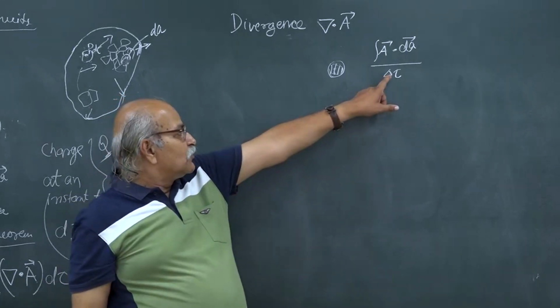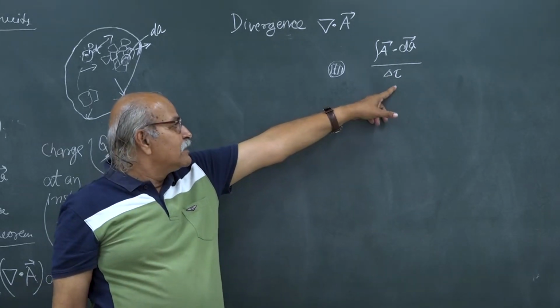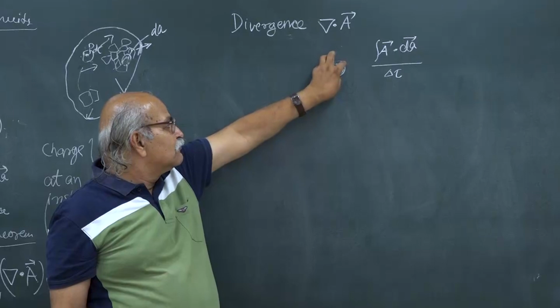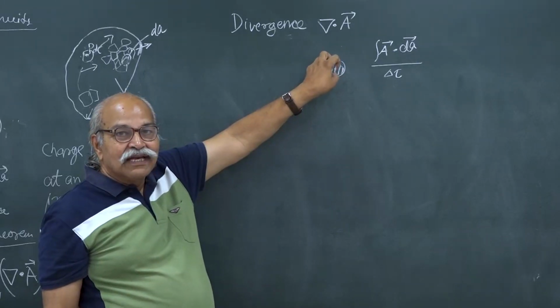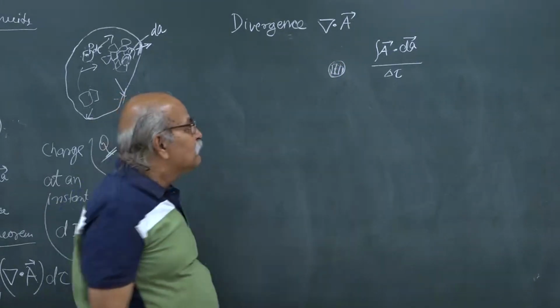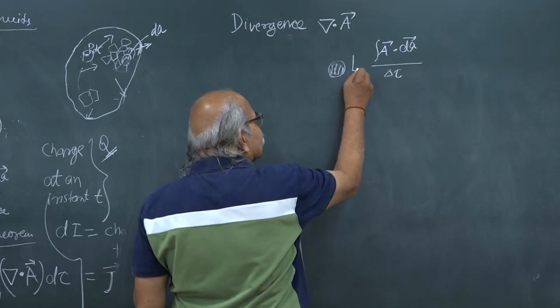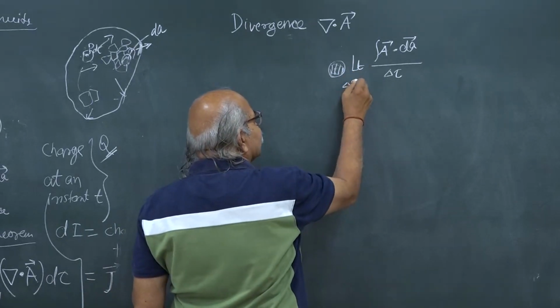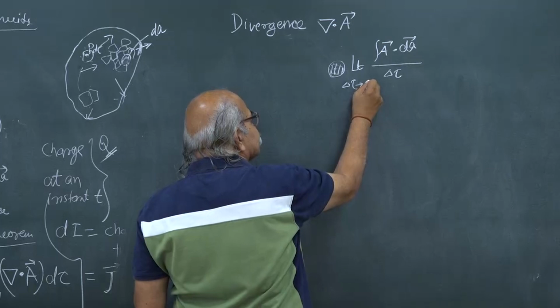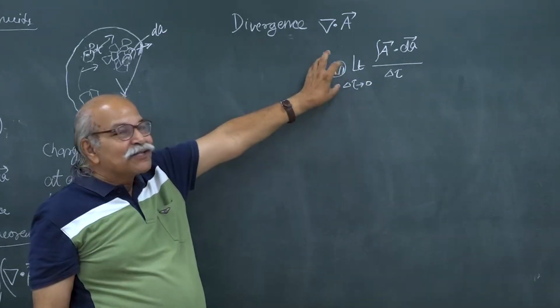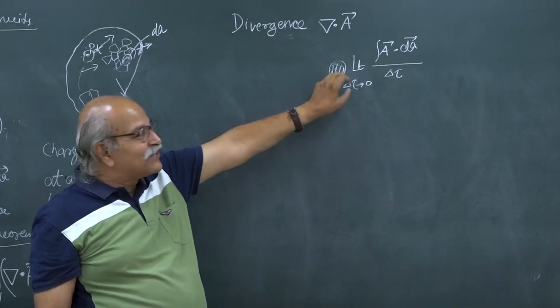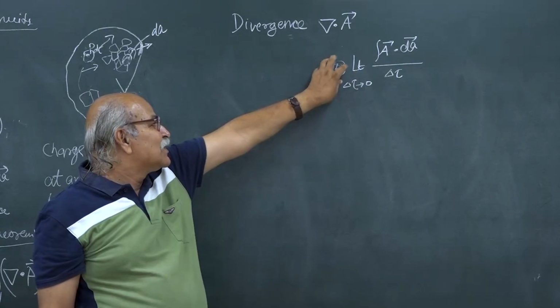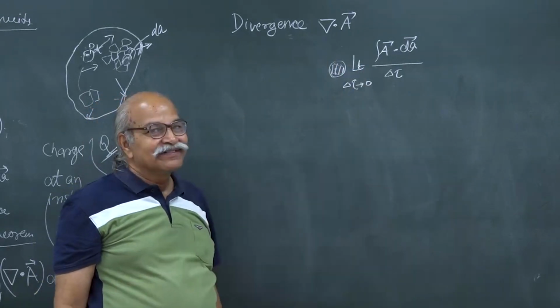I am writing delta tau to emphasize that this volume is small. And why small? Because I am going to take the limit of this as delta tau tends to 0.